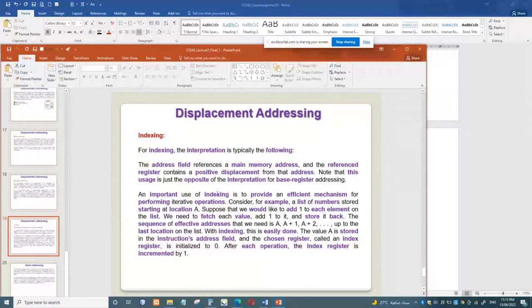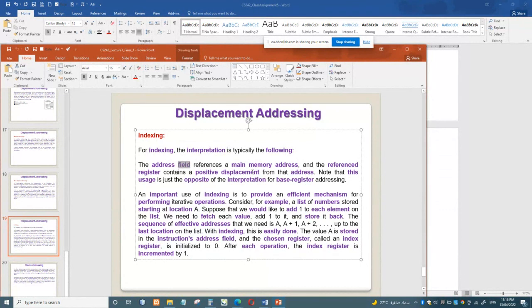In case of indexing, your source operand is not going to be stored in a register. Rather, the main memory address will be given in the address field, but the displacement will be stored in one of the registers. Are you understanding?